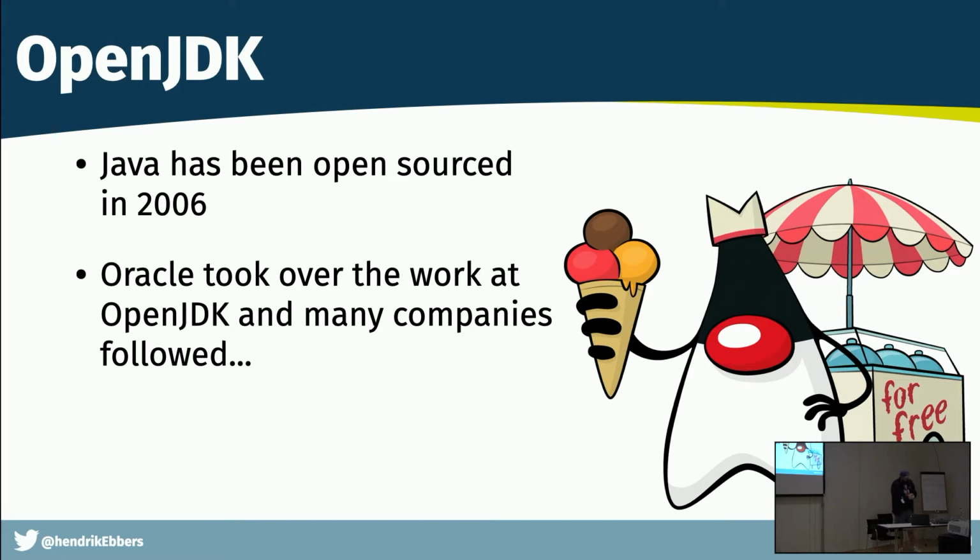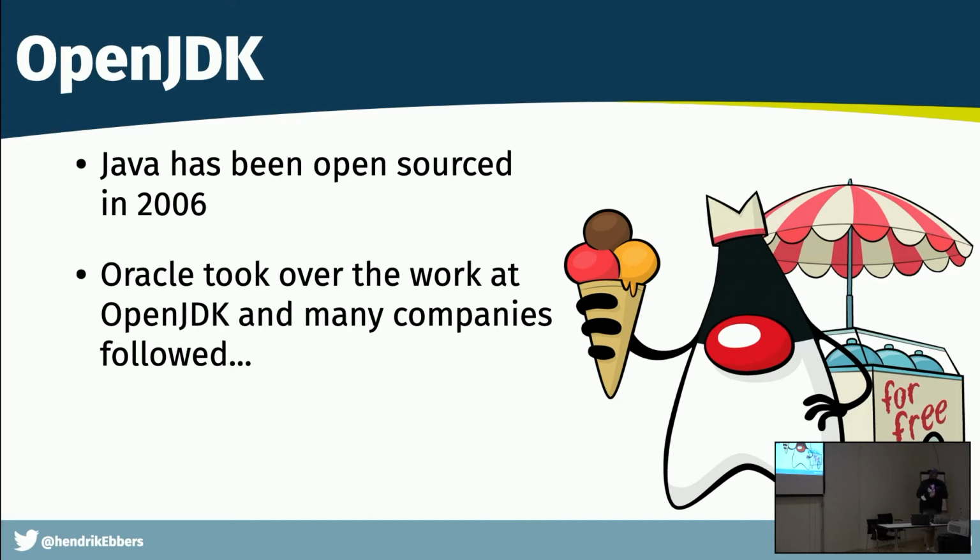Sometime later, Oracle took over the maintenance of the OpenJDK, since they bought Sun and therefore are now the steward of Java and they own Java, like the trademark of Java and the trademark of the OpenJDK and so on. And therefore, Oracle is today the main driver behind the OpenJDK. And the OpenJDK is somehow the sources of Java, where Java is built out of.